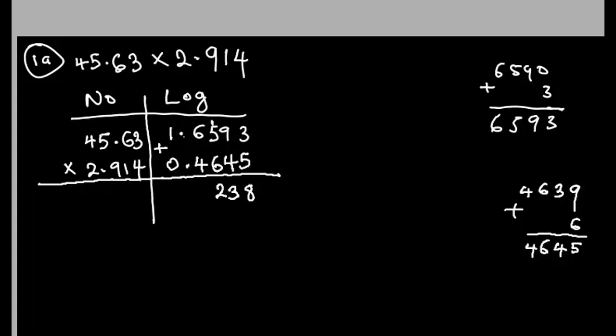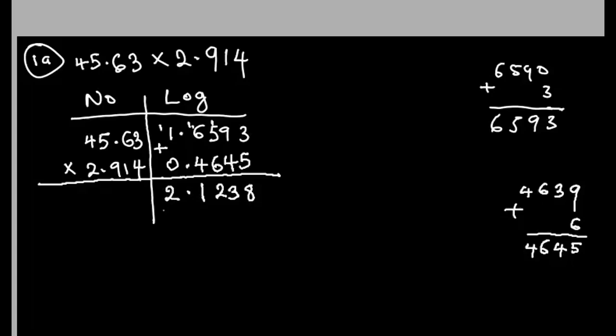Write 2. Carry 1. 1 plus 6 plus 4 is 11. So write down 1. Carry 1 again. Then 1 plus 1 plus 0 is just 2.